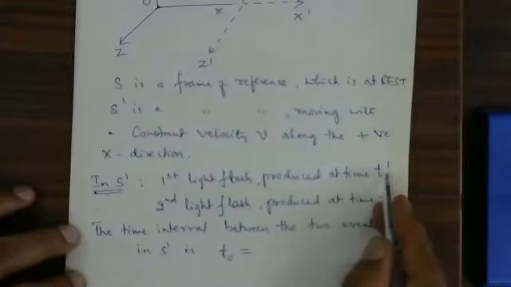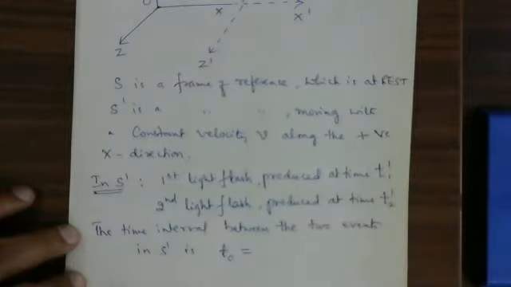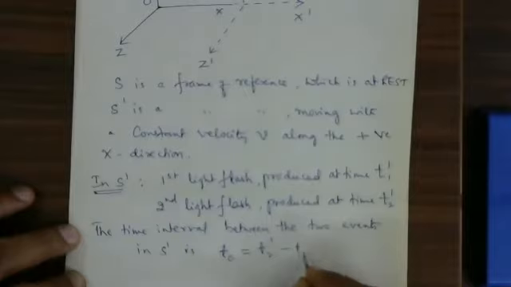This is first it is produced. In second it is produced. In 5th second it is produced. Sir, 5th minus second, 3 seconds. That is the meaning. T2 dash minus T1 dash.